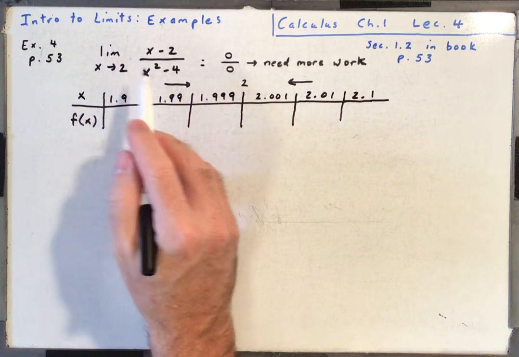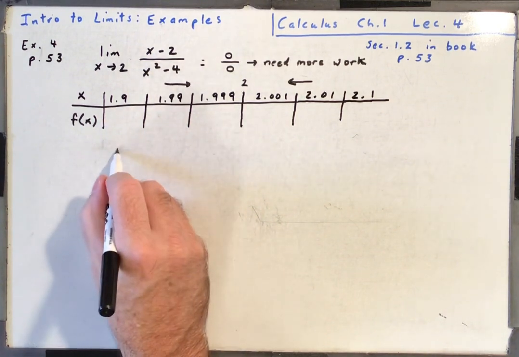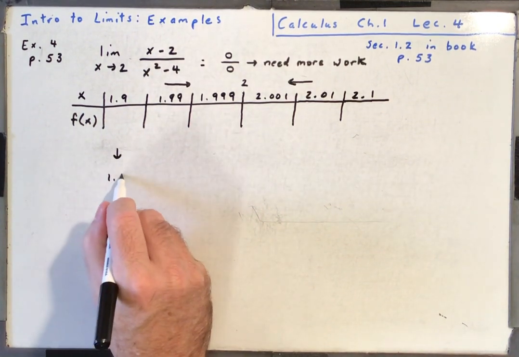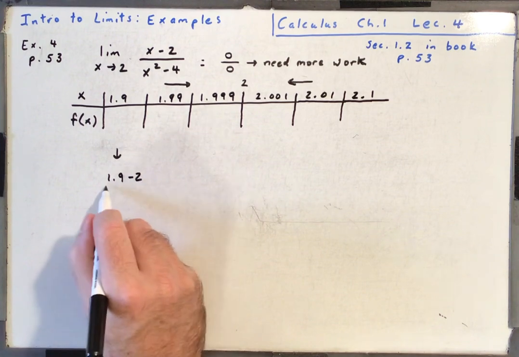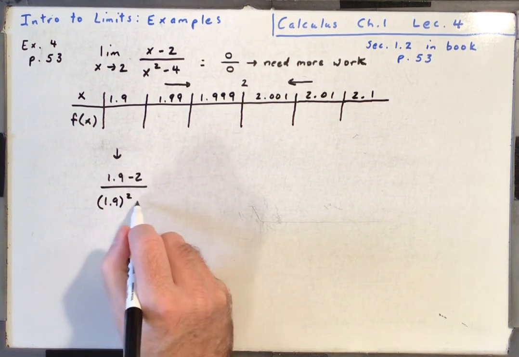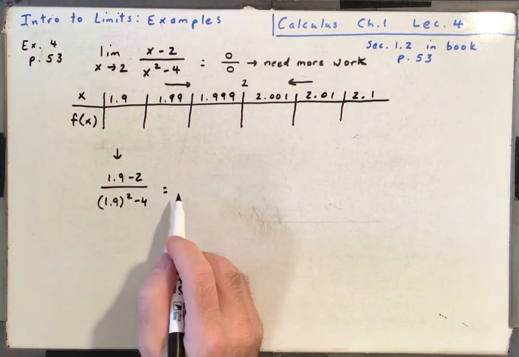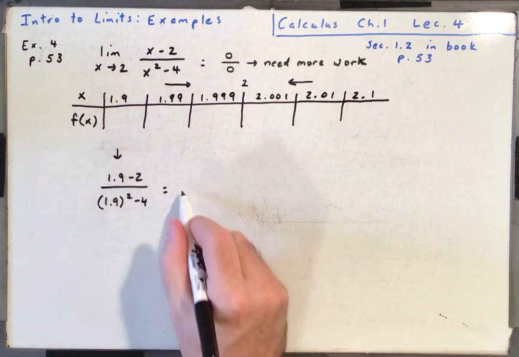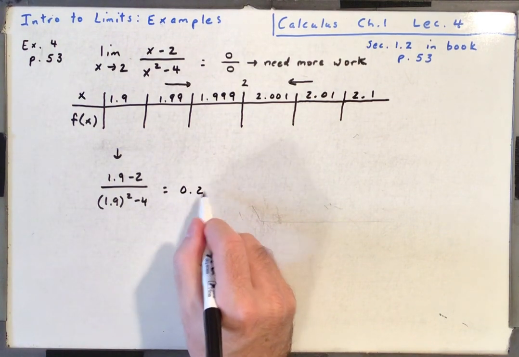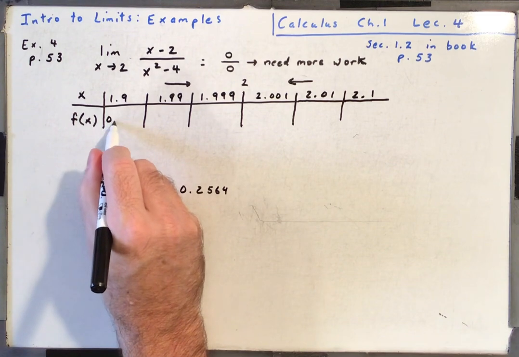What's the y value on the graph of this function as x approaches 2? So we just want to plug 1.9 here in for x. Okay, so that's 1.9 minus 2 over 1.9 squared minus 4. Okay, you plug that in, and you'll get 0.2564. So that's what we'll put here.